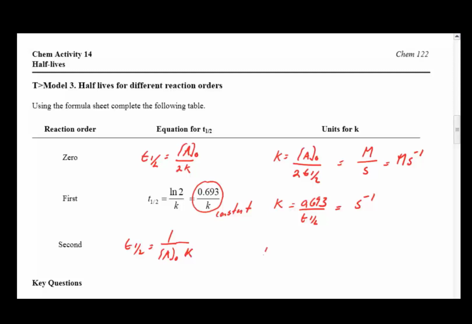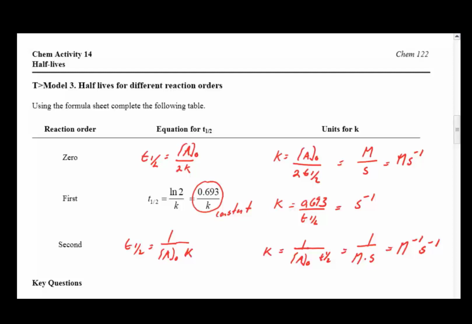Finally, for a second order, we can solve for K, and so K will be 1 over the original concentration times the time 1/2. In terms of units, this will be equal to 1 over molar second. So we sometimes show this as molar to the -1, second to the -1. Units exactly that we would expect for second order. So yet again, another way to determine K, where the units are exactly what we'd expect for the relative order.